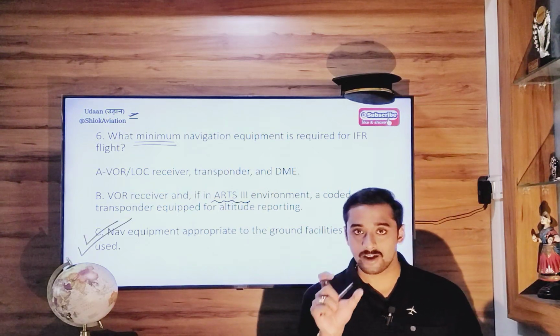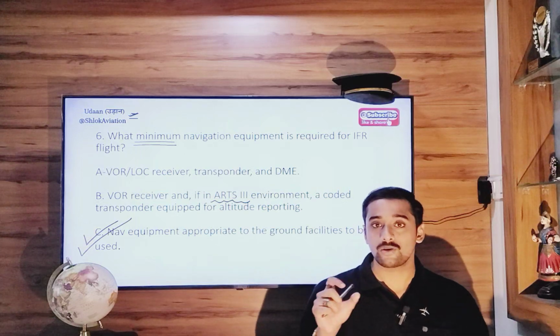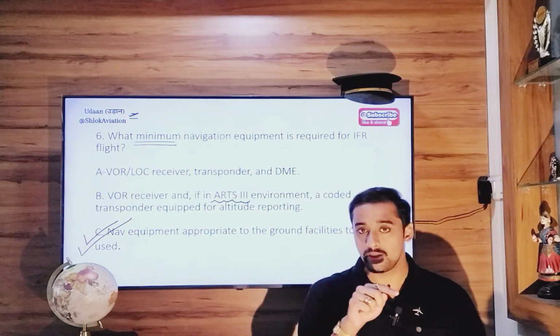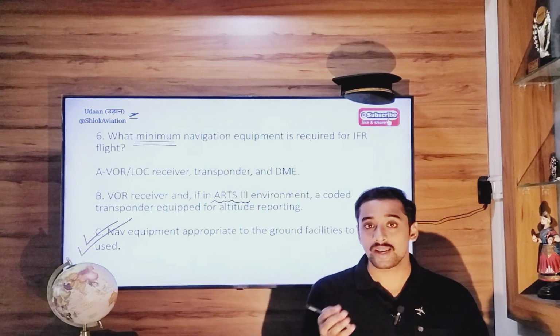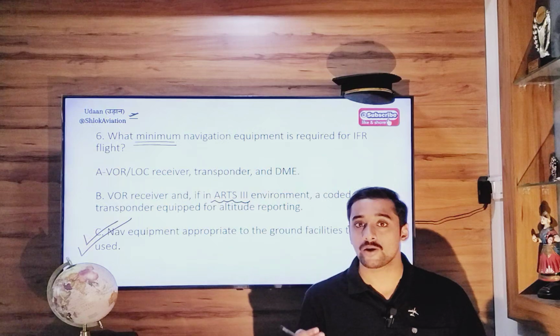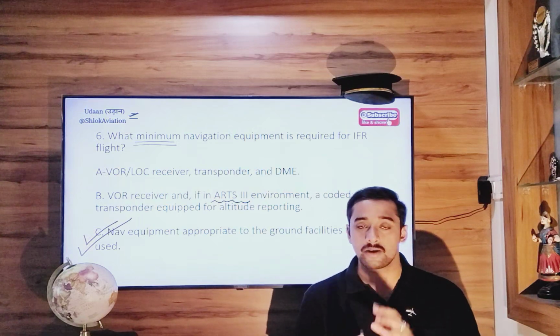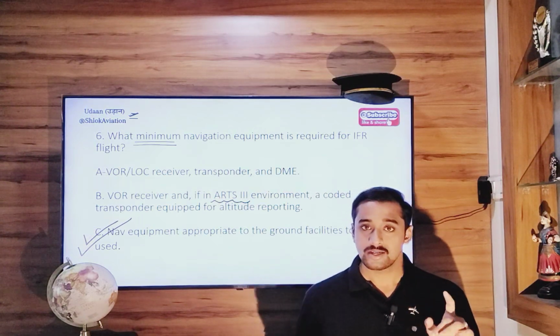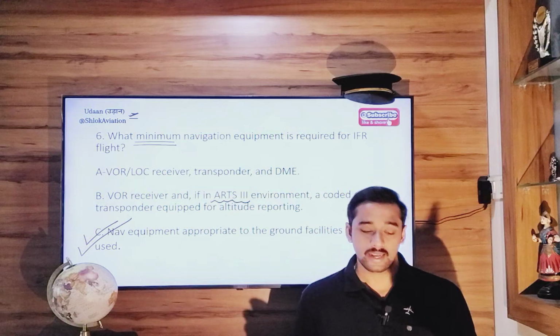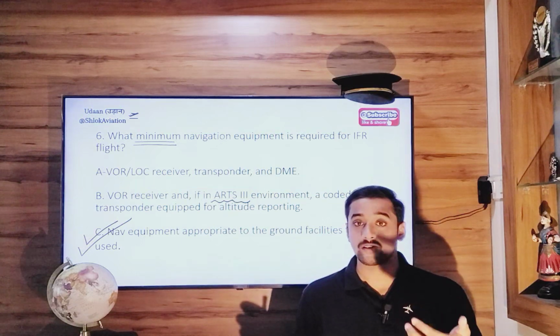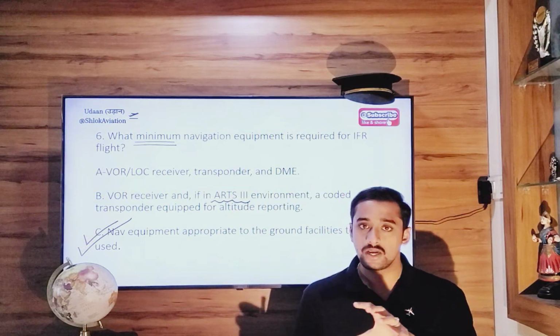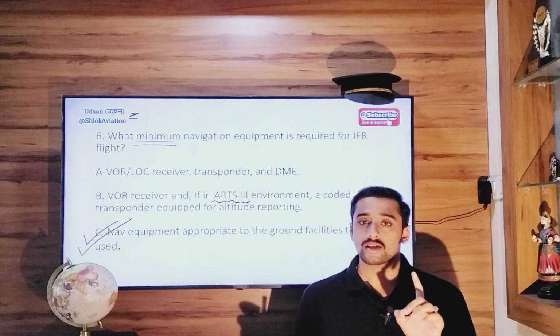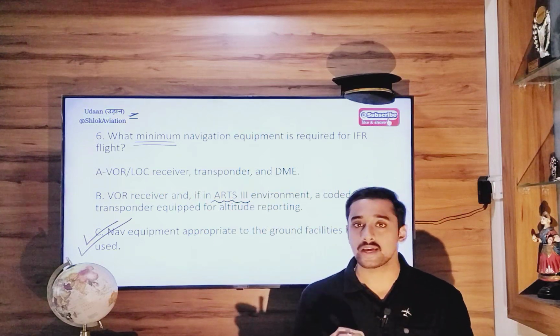Depending on your IFR flight, depending on what ground installations you are going to encounter when you are conducting an IFR flight between point A and point B, and whether you are going to fly in any controlled airspace, in a radar environment, considering all these conditions, you will need specific navigation equipment.